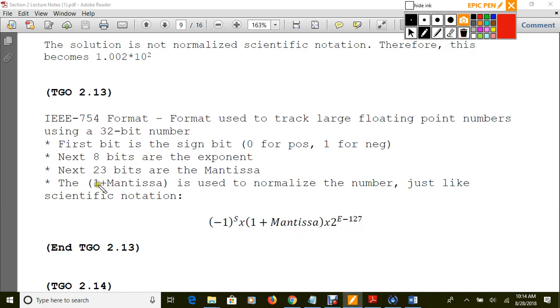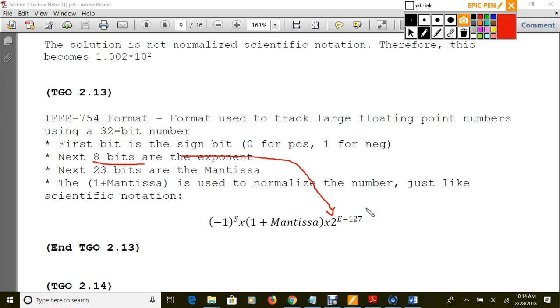So if these 8 bits are all 0, that means, no, it's not no exponent. If these 8 bits are all zeros, that means that e is 0, and it's 2 to the negative 127.